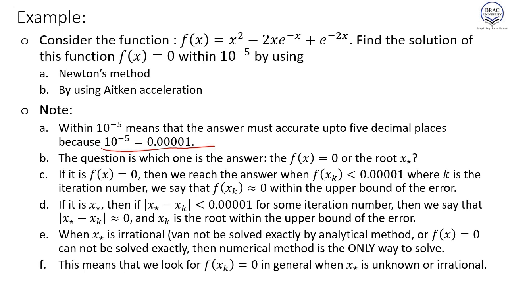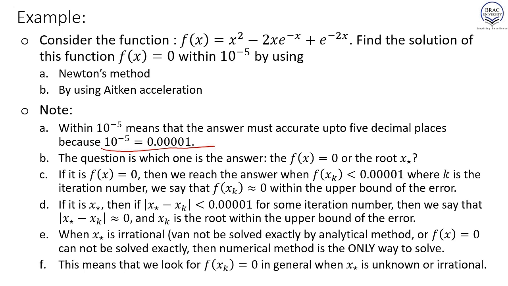Now the question is the following. When you say find the solution within 10 to the minus 5, what do we mean? We need to find that f of x equal to 0, and this result will be within 10 to the minus 5. In other words, if the value of f of x is less than 10 to the minus 5, that is what we mean.